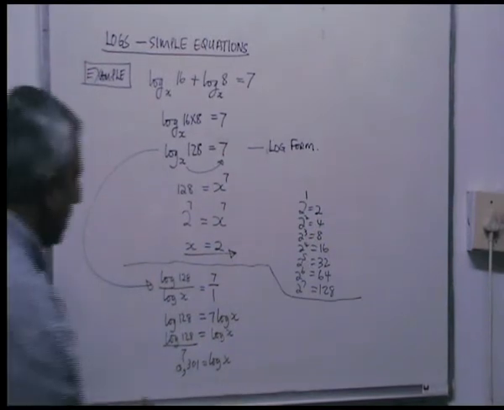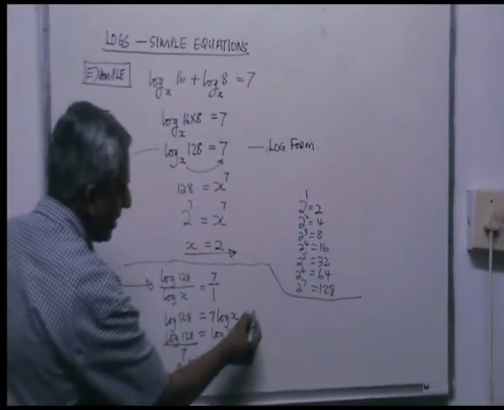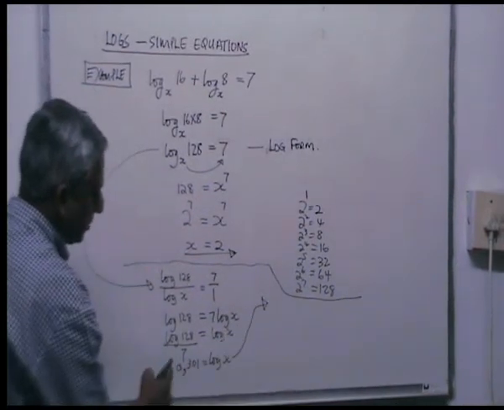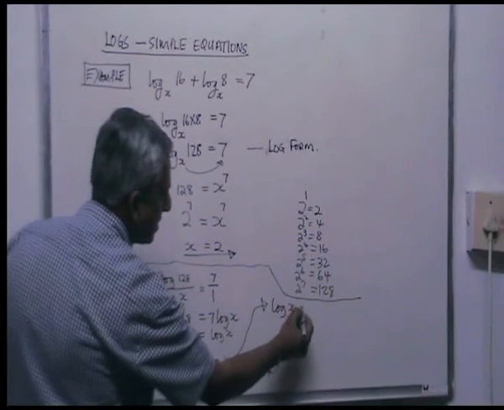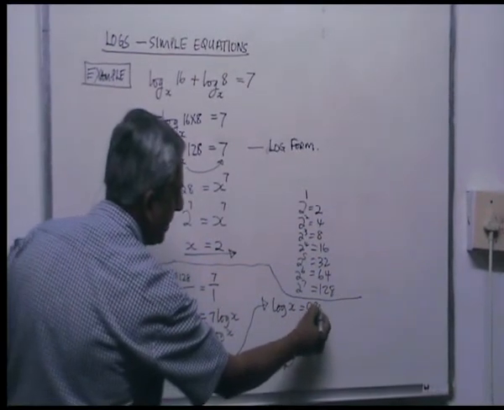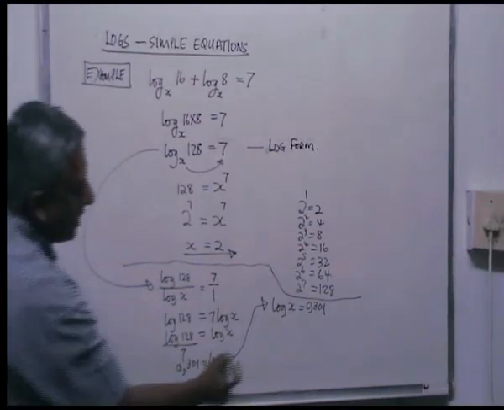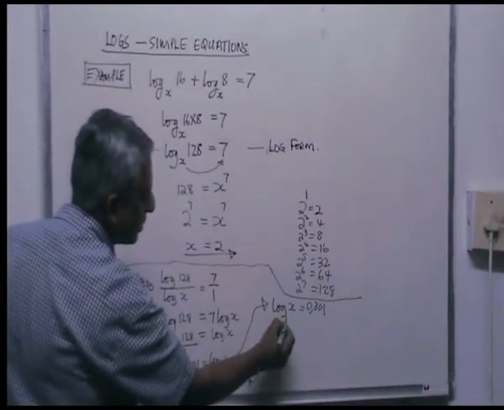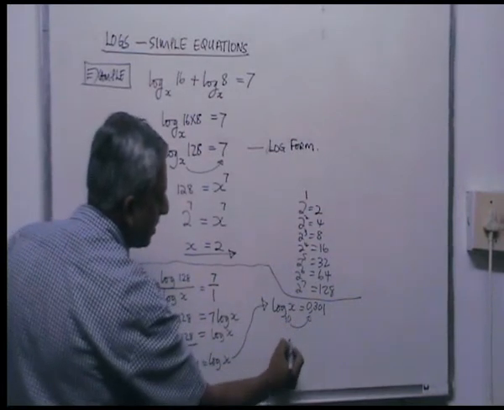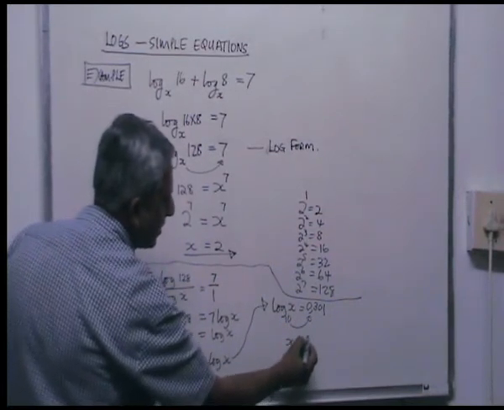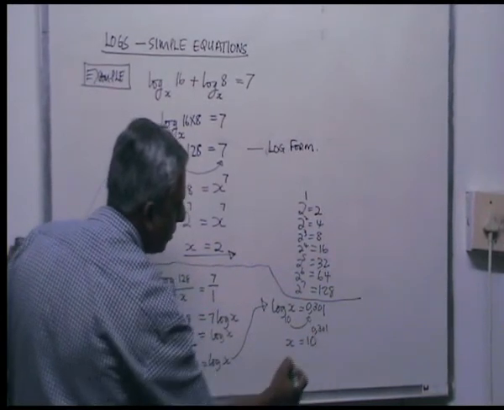So now I'm going to take this across over here. You've got log of x is equal to 0,301. What's the base here? The base is understood to be 10. So I'm going to rewrite that in index form: x is equal to 10 to the 0,301.